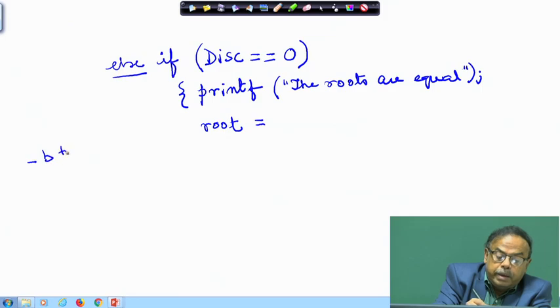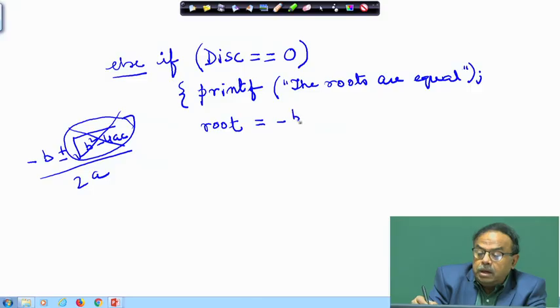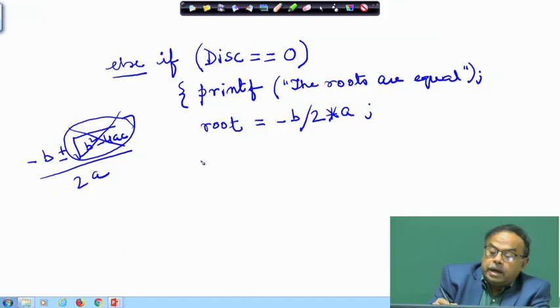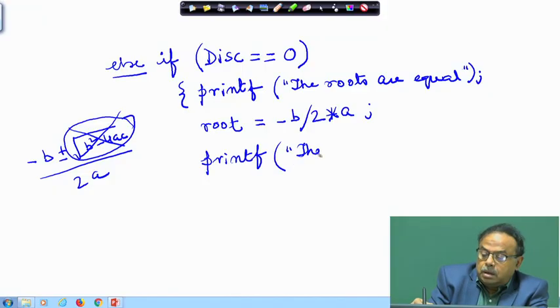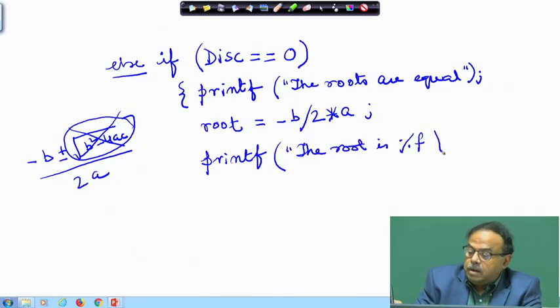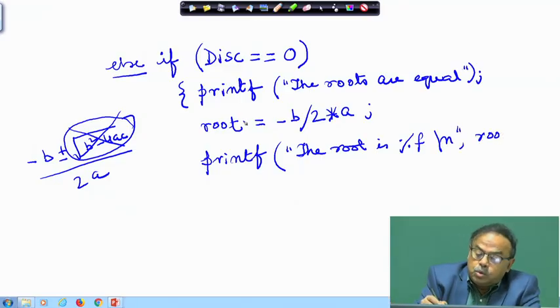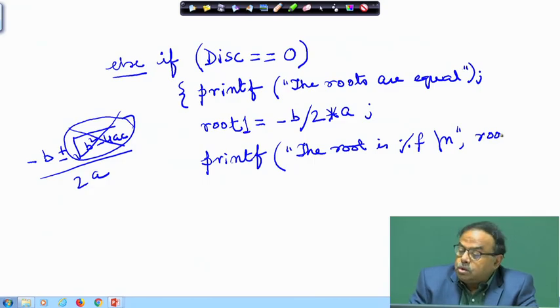If in this minus b plus minus root over b square minus 4ac by 2a, if this part is 0, then my root is only minus b divided by 2a, 2 multiplied by a, okay, and printf the root is percentage f backslash n root, or I can say root 1, because I did not declare anything as root. So, root 1, any one root, that is same.